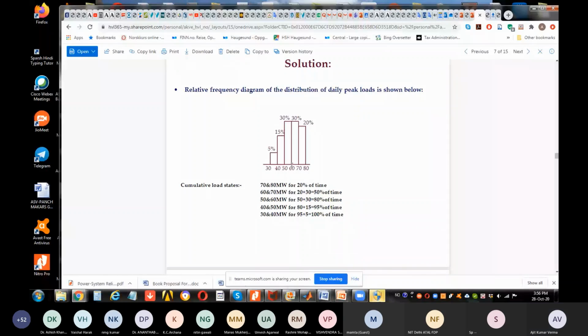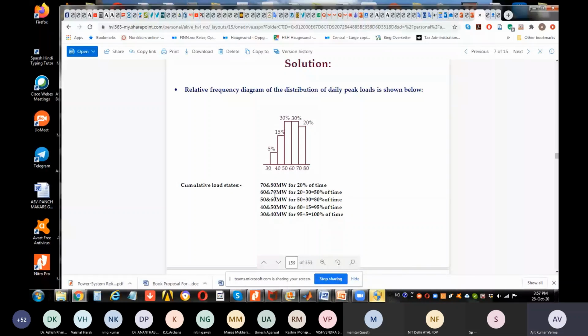Then between 60 to 80, it's not 60 to 70, another typo here. 60 to 80 is 50% of the time. Then 50 to 80, that's 30, 30 and 20, so 80% of the time. Then 40 to 80, it's 95% of the time. Then 30 to 80, it's 100% of the time. This is not 70, 60, 50 and 40; that's all 80.